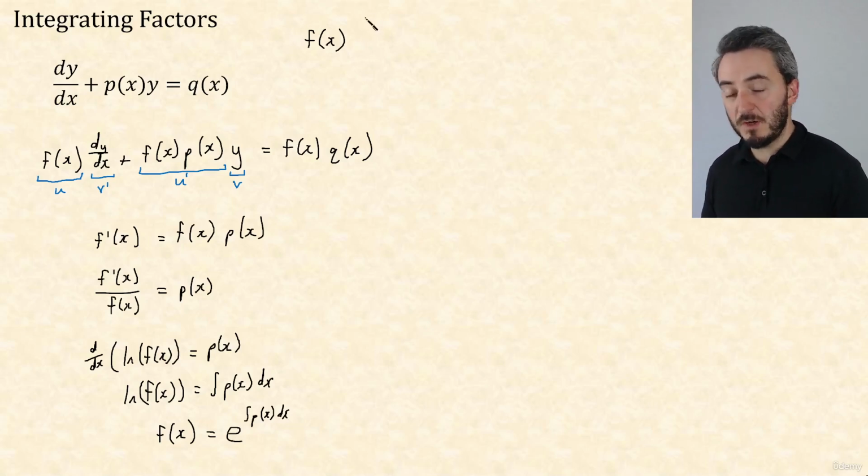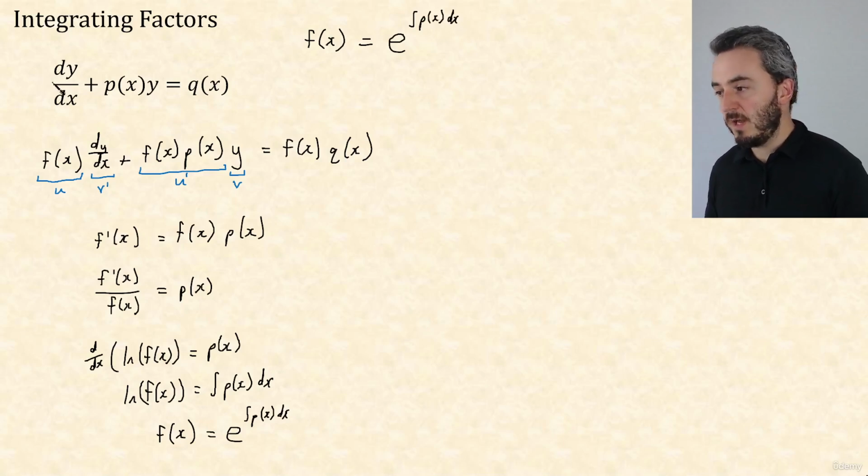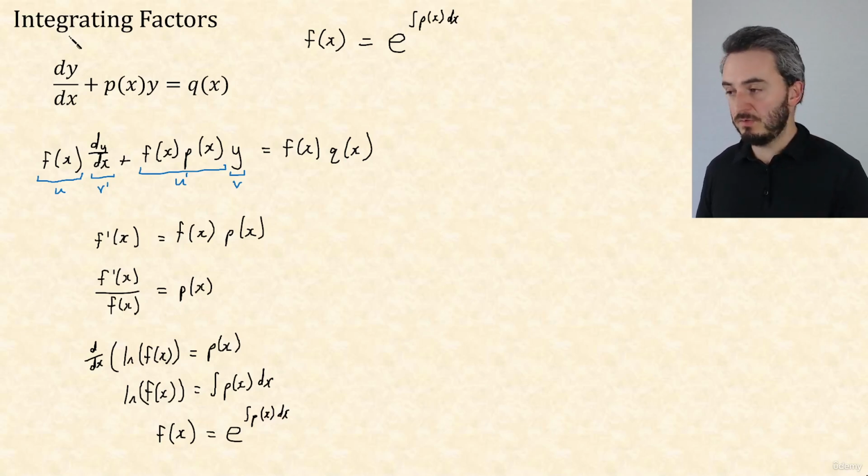The magic function that you need to multiply through by in situations like this is e to the integral of p of x. When you have a differential equation in this form, dy by dx on its own, that's really important, plus a function of x times y equals a function of x, the magic function is e to the integral of p of x.